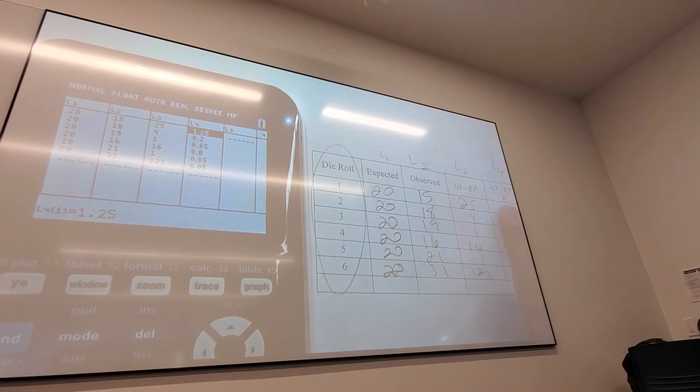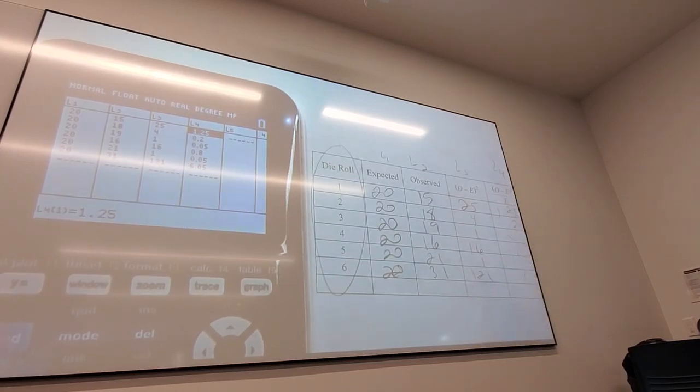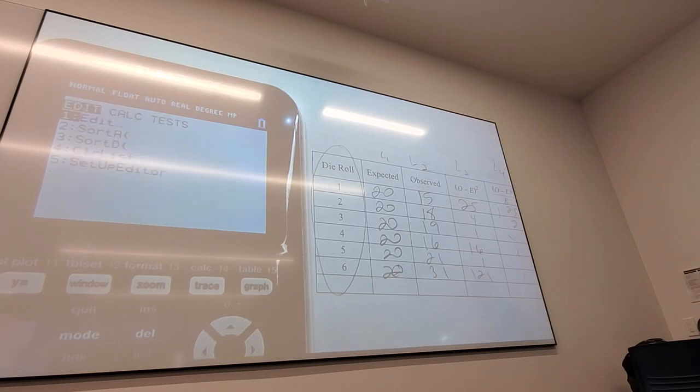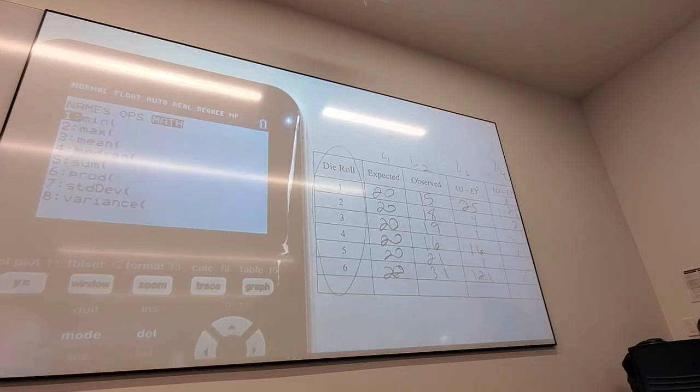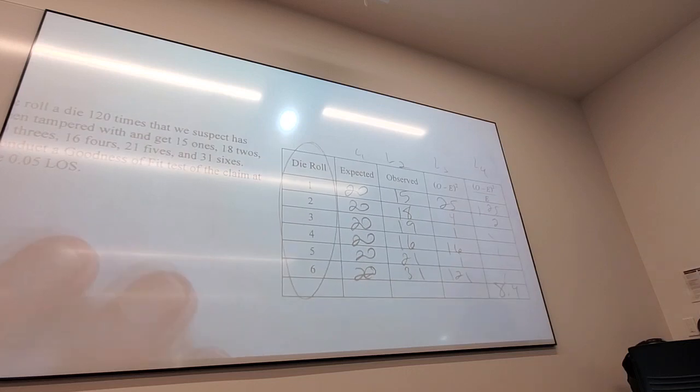Just make sure that you're dividing by the expected wherever it is. So these numbers look familiar. Is that what you guys got? 1.25, and so on. So if I add them up, second stat, math, sum, list 4, I get 8.4. How's that sound?